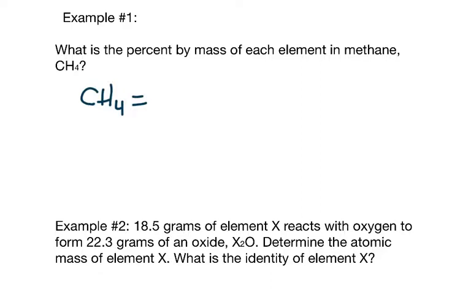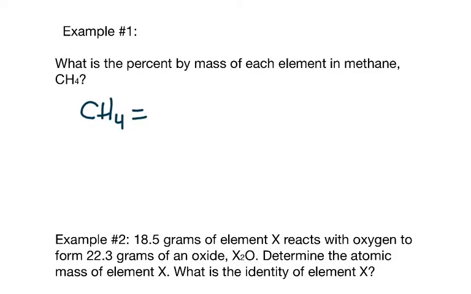So 12.01 for carbon, and then each hydrogen is 1.008, but there are 4 hydrogens, so you need to multiply that. And when you do, you get 16.042 grams per mole.